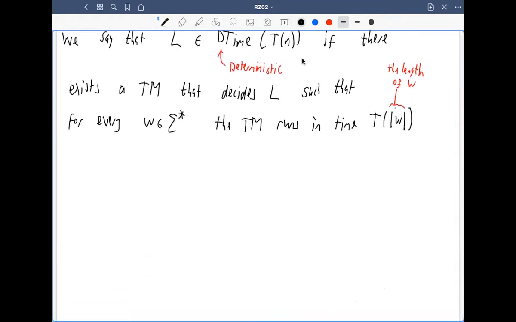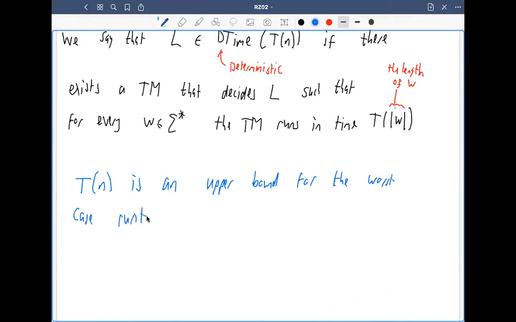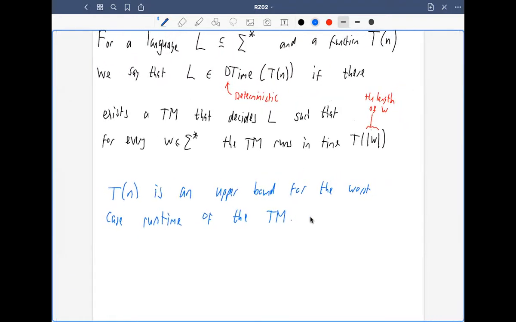So the informal explanation is that T(n), the function t of n, is an upper bound for the worst case runtime of the Turing machine.